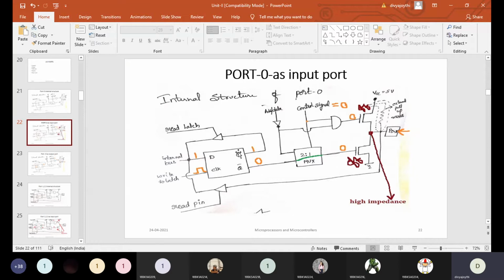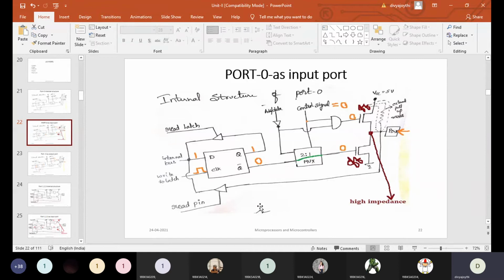Through this upper buffer, whatever input you are giving here, the same will come as an output whenever you are enabling the D flip-flop with the clock. So whatever value is available here is nothing but the input. This will go as an input to this particular buffer, so from this buffer we can read the values. Read latch means whatever value is present within the latch can be read using this upper buffer. What the lower buffer will be doing, we will know when we move into the internal structure.